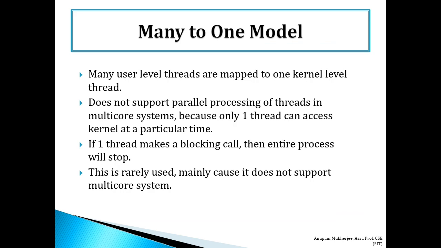If there are n user level threads and any one performs a blocking system call, then your kernel will be blocked, and the remaining n minus 1 user level threads are also blocked, so you are not achieving maximum throughput. So this is rarely used, mainly because it does not support multi-core systems.